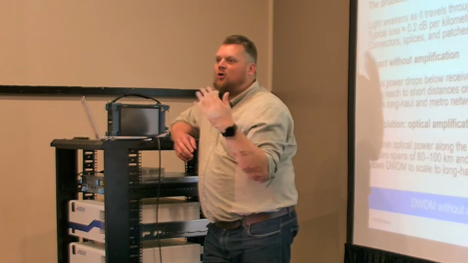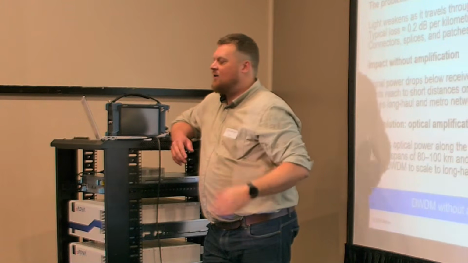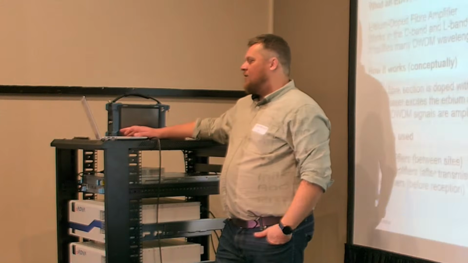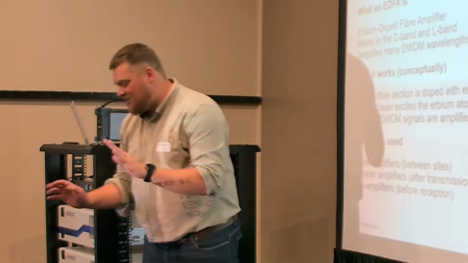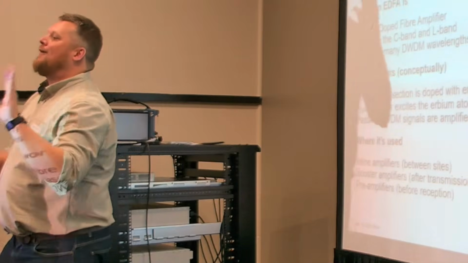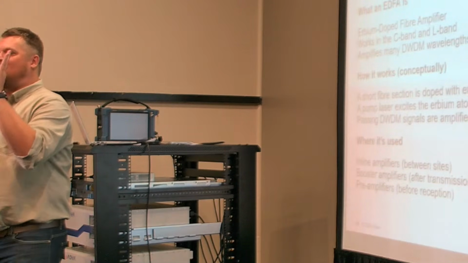So optics on optics, there are differences. So when we start talking about amplifiers, I'm only going to touch on two. There are many. So you get EDFA amplification, Raman amplification, then you also get ROPA amplification.